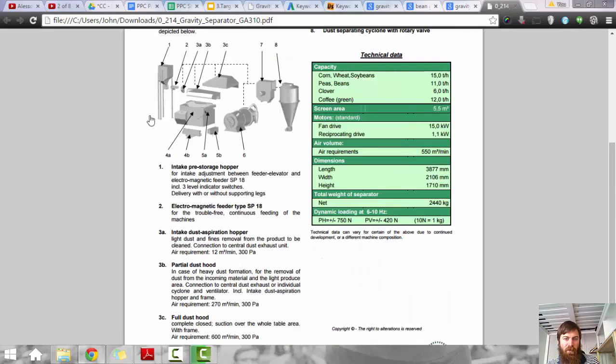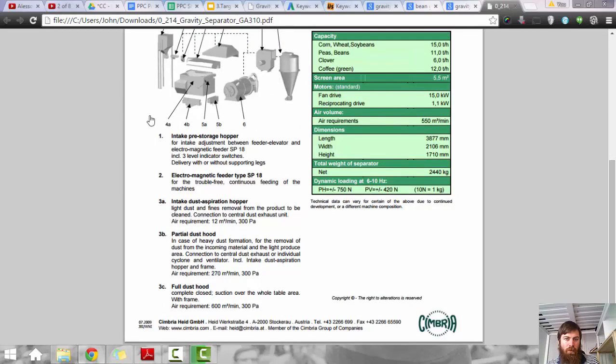So looking at this, it could give us keywords. Capacity, it does. We're seeing what it sorts: corn, wheat, soybeans, peas, beans, clover, coffee. Company's based in Austria, Cimbria.